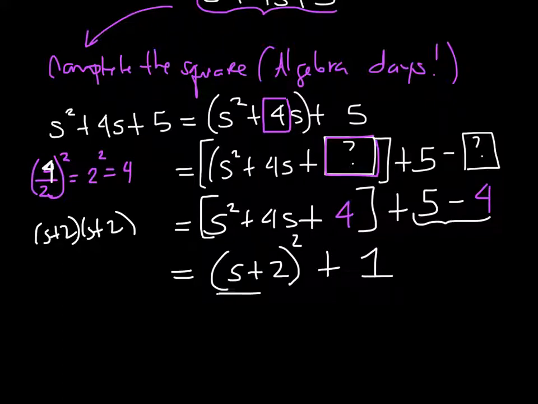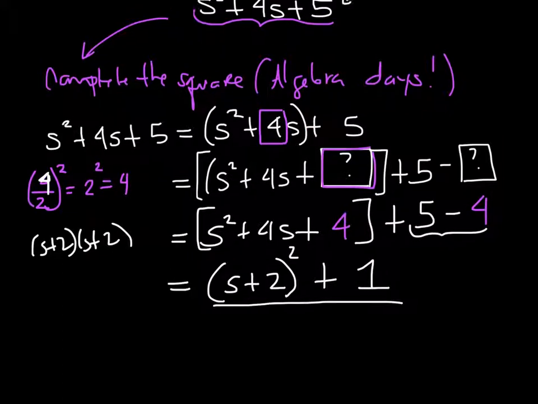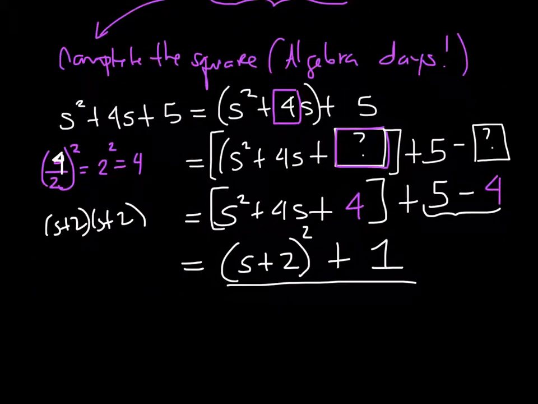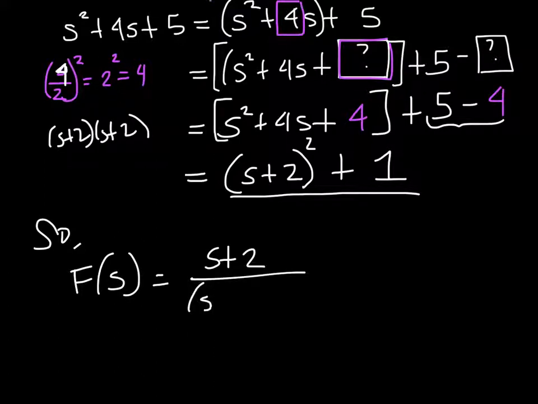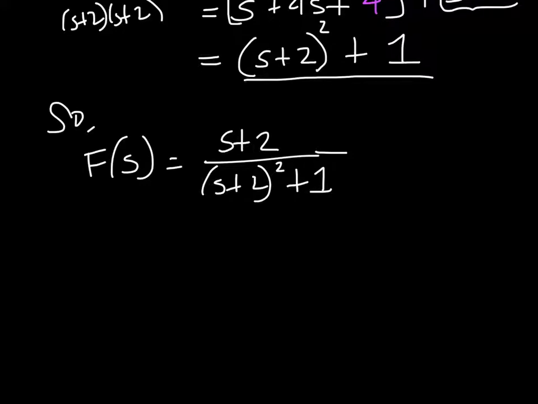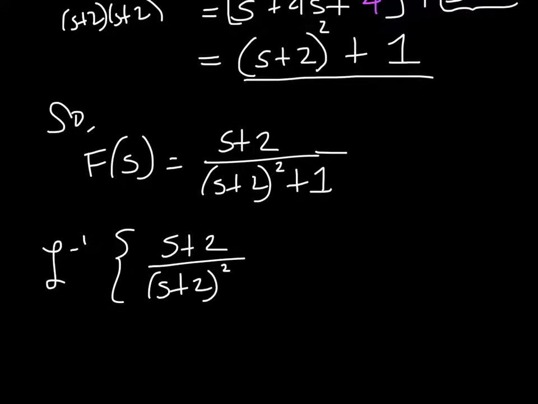So this is what I want. Remember, the numerator was s plus 2, so let me rewrite it. We have F of s equals s plus 2 divided by s plus 2 squared plus 1. Now let's take the Laplace inverse of s plus 2 divided by s plus 2 squared plus 1.